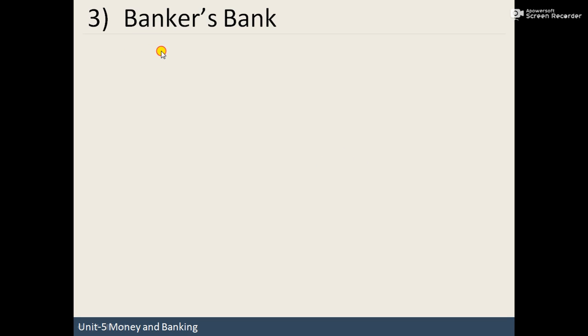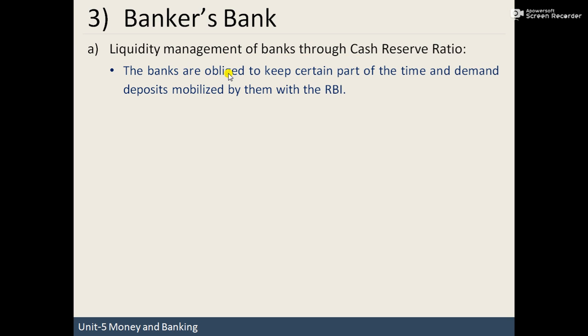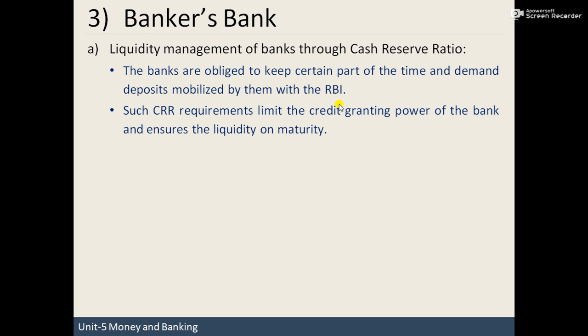Number 3, bankers bank. Liquidity management of banks through cash reserve ratio. The banks are obliged to keep a certain part of the time and demand deposits mobilized by them with the RBI. Such CRR requirements limit the credit granting power of the bank and ensure liquidity on maturity.